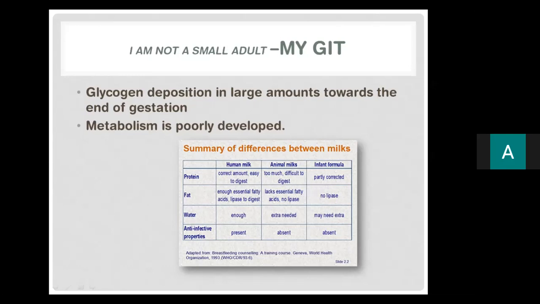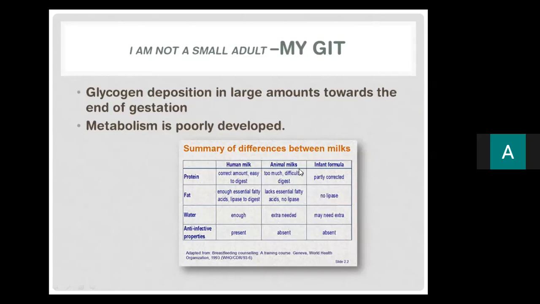Looking at this particular table, children are usually given different types of milk. The importance of knowing what type of milk they're on is because of their fasting time.